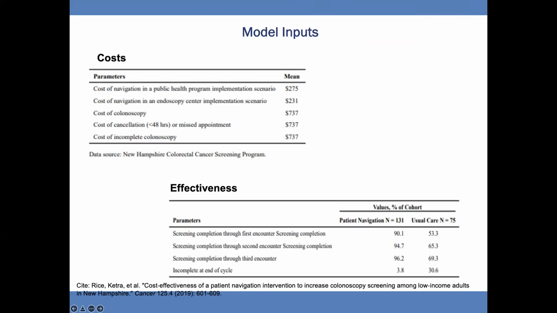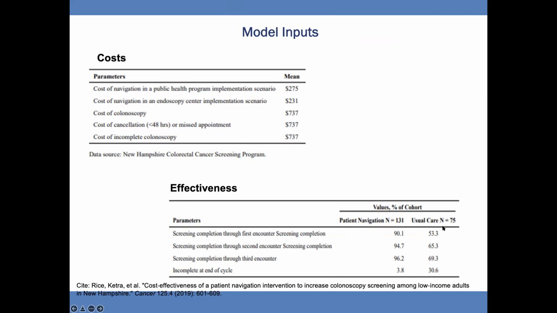So here is the table in terms of the cost and the benefits. For the cost, you need to take into account the cost of the screening and the cost of training the nurse, right? On the effectiveness, they measure by the rate of screening uptake, right? They compare two interventions: patient navigation versus usual care.